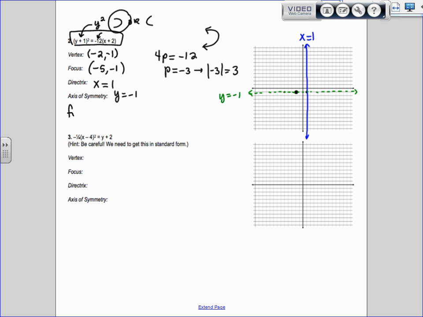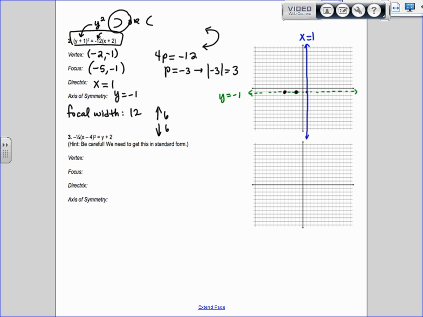Remember, we're also going to find what's called the focal width. So it's going to be 12. That's correct. It's basically the number that's out front. Just don't worry about the positive or negative. So it's 12. That means I'm going to go up 6 and down 6 from my focus. So here's where my focus is.